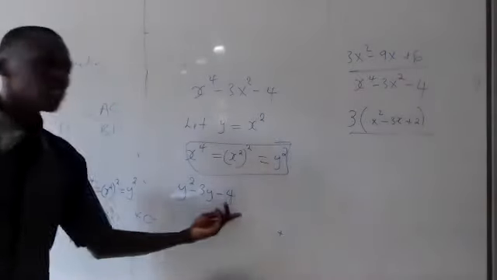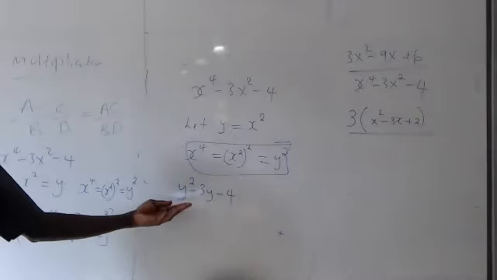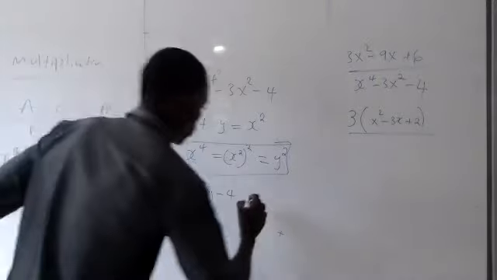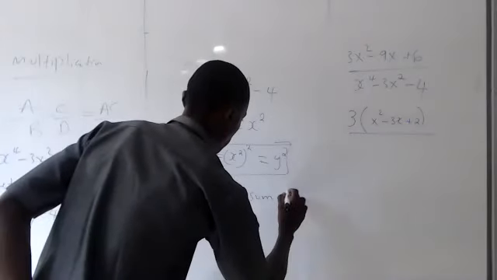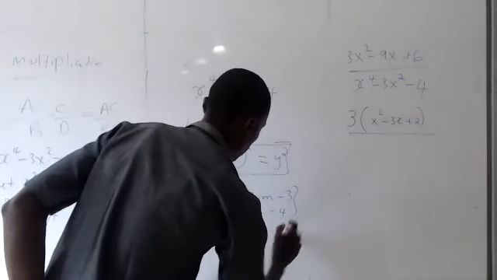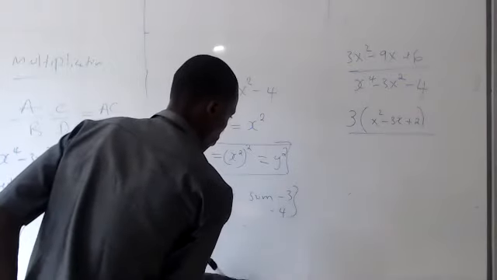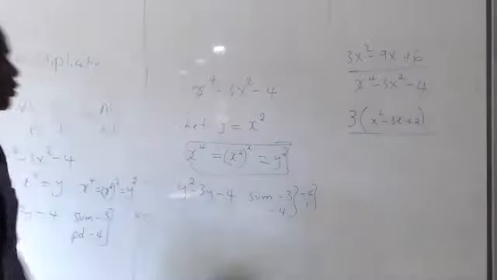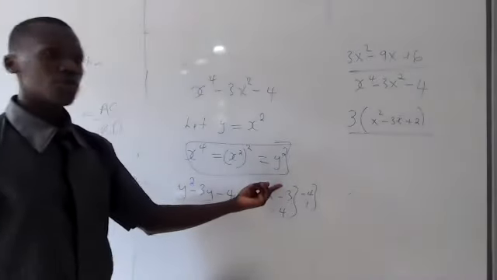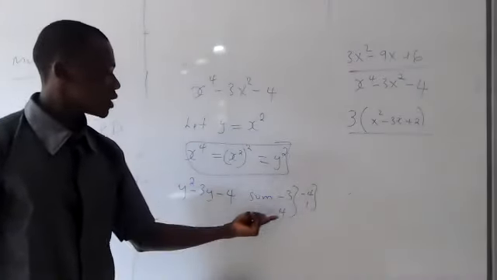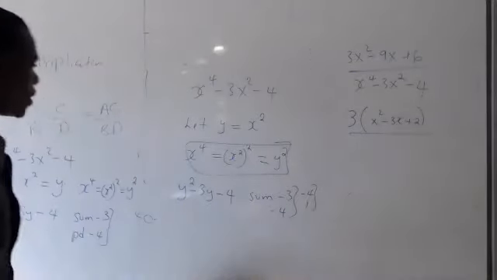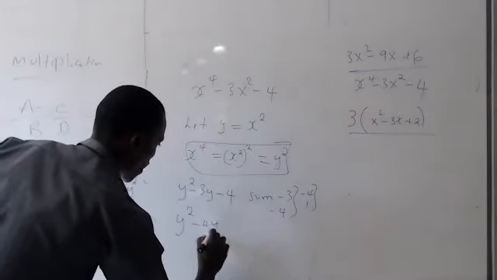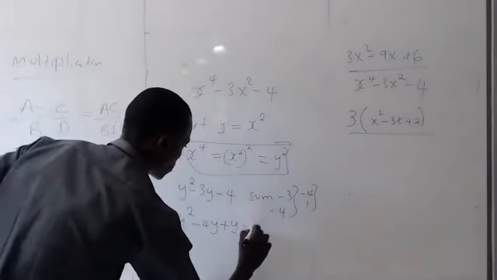Now this is a quadratic in y, and we have done factorization of trinomials like this. You look for two numbers whose sum is -3 and product is -4. Well, -4 and 1 will work. If you take -4 plus 1, you get -3. If you take -4 times 1, you get -4. So you will have y squared minus 4y plus y minus 4.